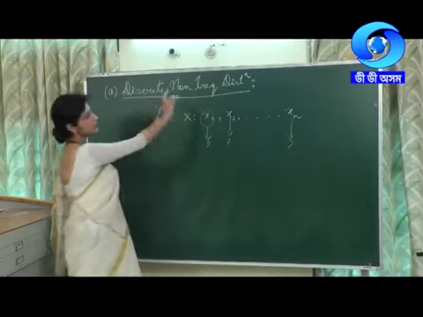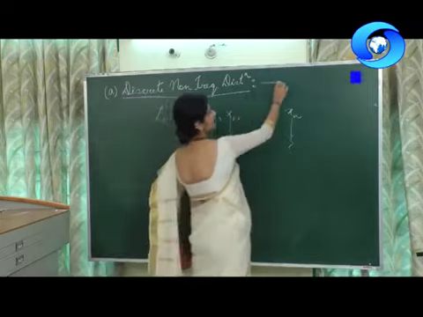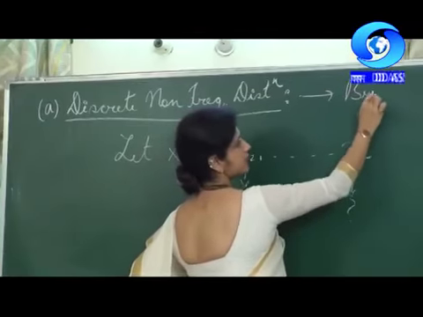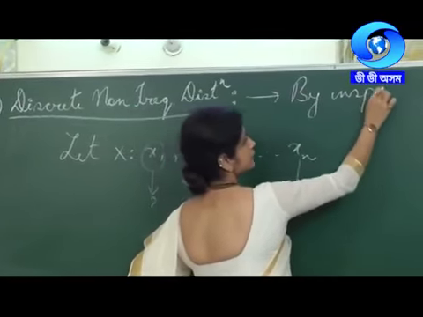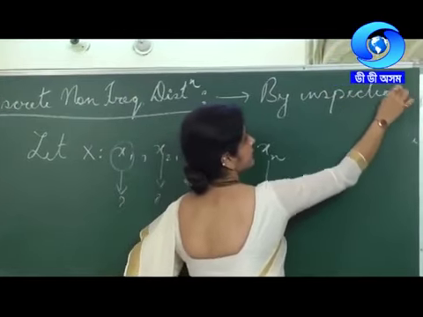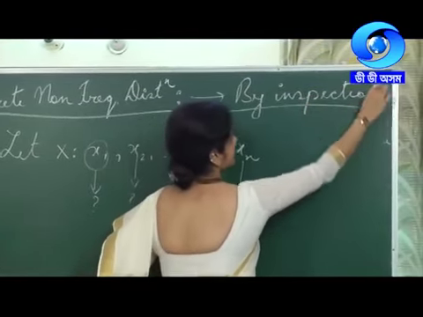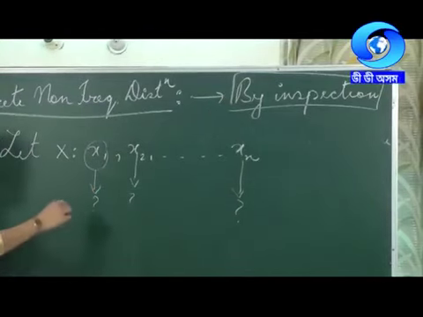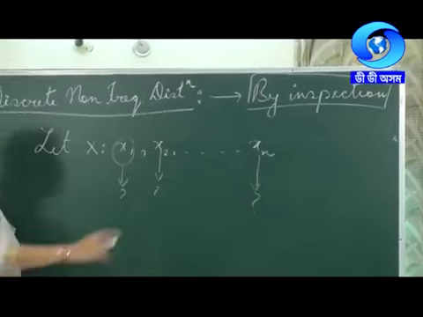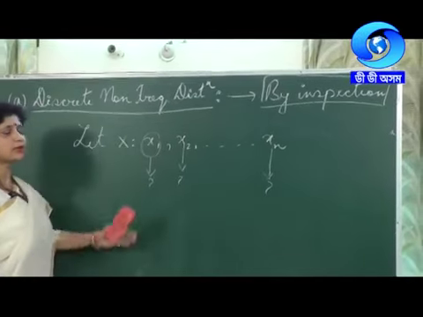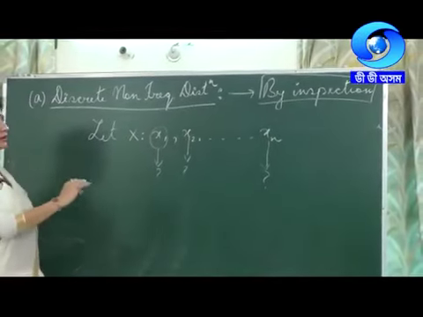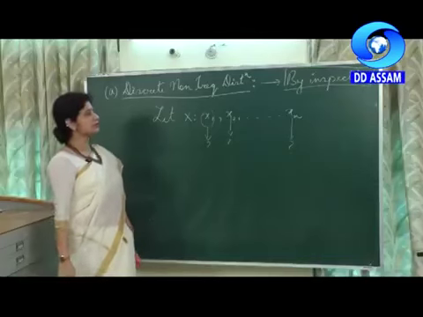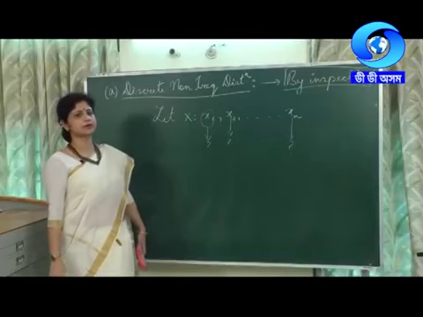So for a discrete non-frequency distribution, by mere inspection only, we have to find out how many times x1 occurs, how many times x2 occurs, how many times xn occurs, and then the value which occurs the maximum number of times.